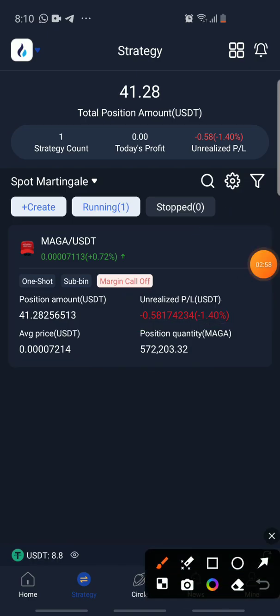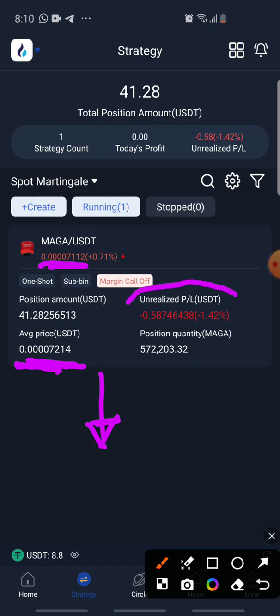Now if this is the average price, 0.007214, the moment the current price here is below the average price, it means that the coin has depreciated in value. In that case we shall have a negative, what we call a floating loss, or unrealized loss.